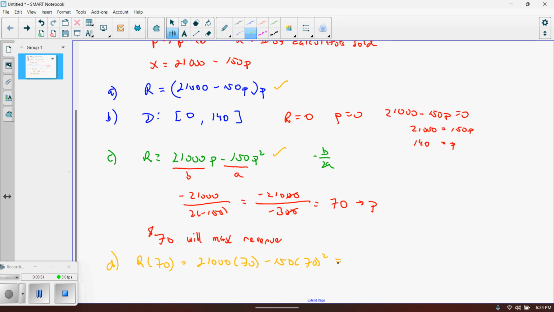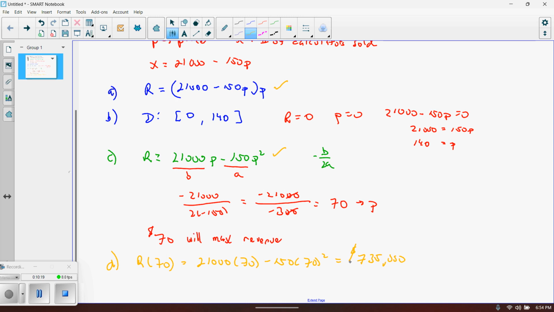That's not something I expect most people to do without it. And you would actually get $735,000. That would be the maximum revenue given the fact that we were to maximize the price at $70, or to get the maximum revenue, we would make the price $70 per unit.